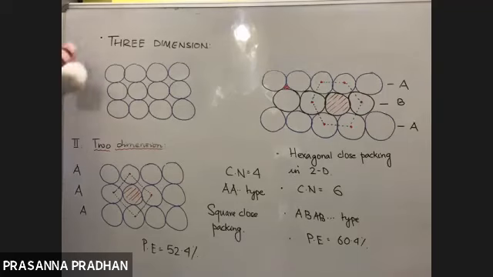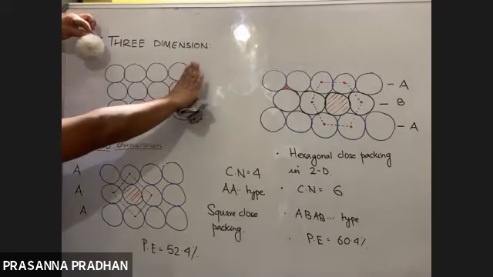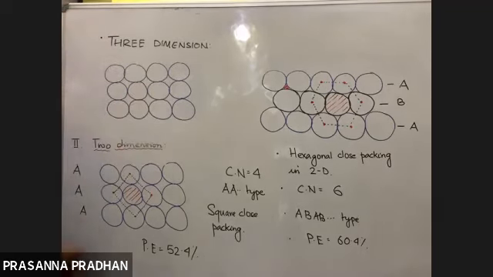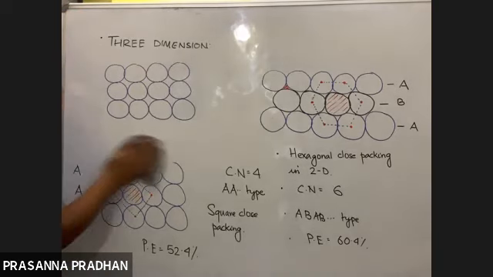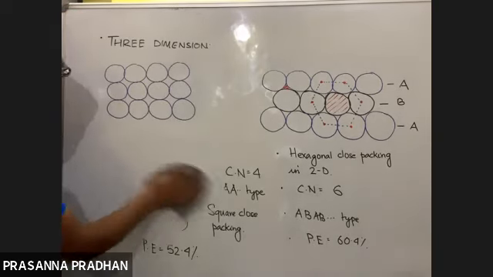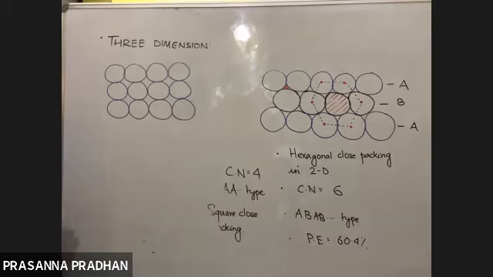So if I keep it like this, the first layer and the second layer will have exactly the same arrangement. Obviously, if I keep it on top of this, the first layer and the second layer will be exactly identical.